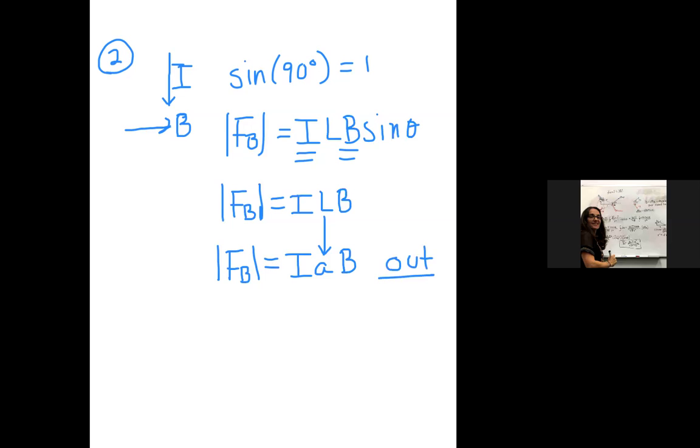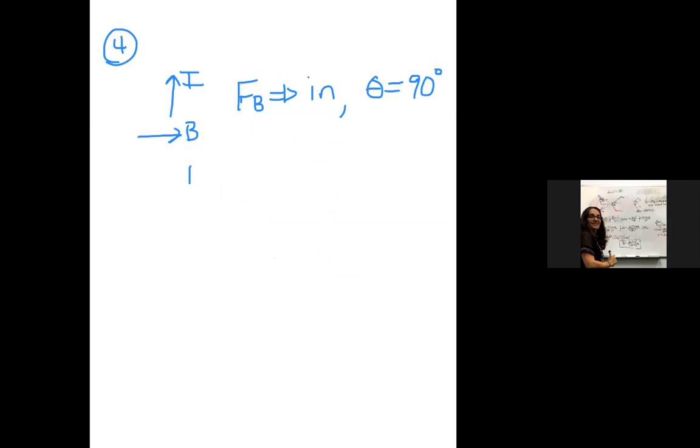And then we can do the same or a similar thing for the other side, side 4. Side 4 has a current that flows up this way. The B field still points to the right, so we decided that the force is going to be in. And we still have a theta of 90 degrees, so we get the same idea.